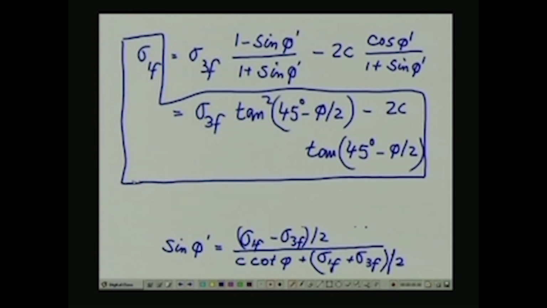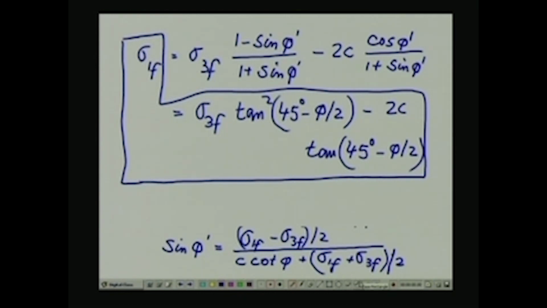So there is a definite relationship between sigma 1f, the major principal stress at failure, the minor principal stress at failure, and the material properties, namely the friction angle and the cohesion intercept. If you know the friction angle, the cohesion intercept, and the cell pressure or minor principal stress, you could predict the value of the axial stress at which the sample is going to fail.